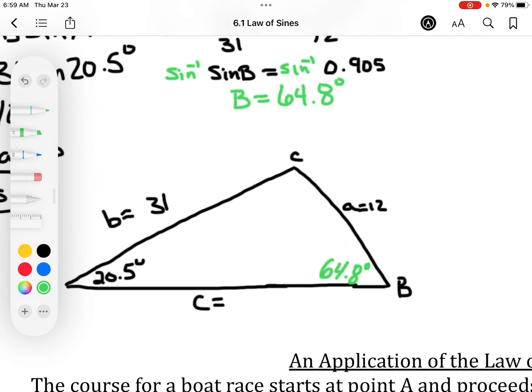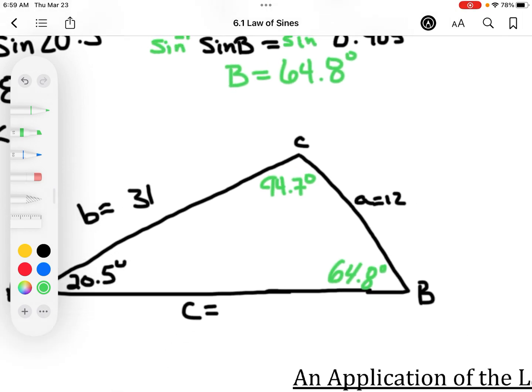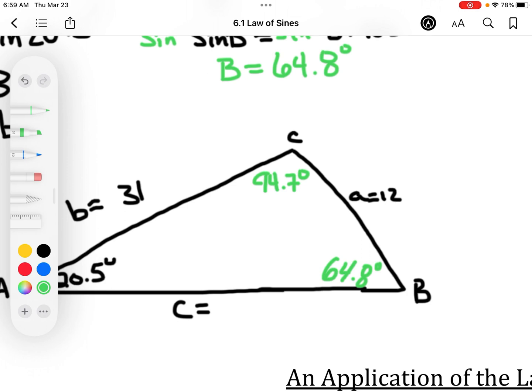If I want to find angle C, I can add those up and subtract from 180. And then when I do so, I will get 94.7 degrees.